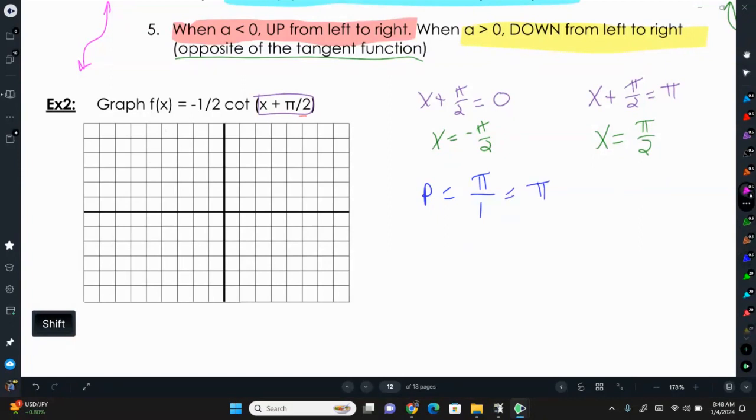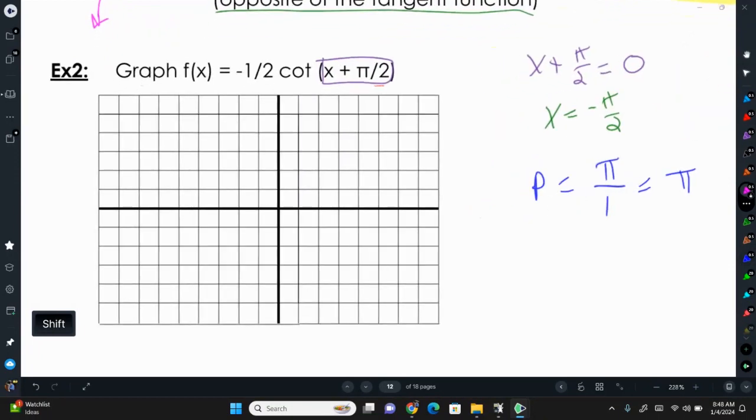So I'm going to make each tick mark here not pi over 2, but actually pi over 4. So this is going to be positive pi over 2 because I've gone 2 marks. And this will be negative pi over 2 because I've gone 2 marks. That gives me 4 spaces between these.